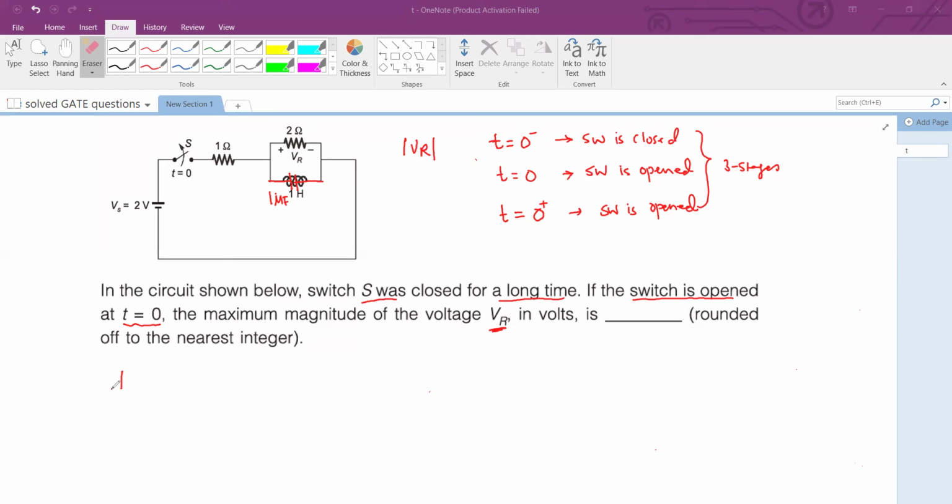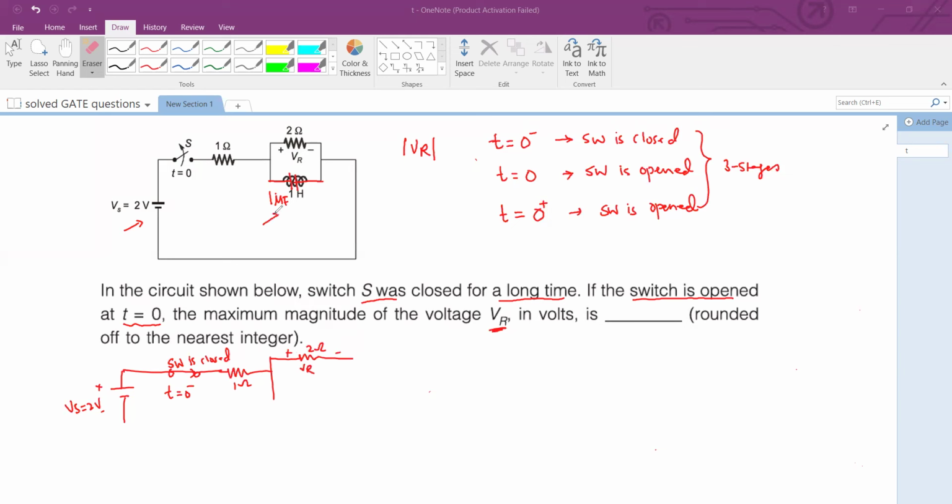I will have the same voltage source, Vs equal to 2 volts, and the switch is closed. This is the time t equal to 0 minus. Then you have this 1 ohm resistance, and this 2 ohm resistance across which you have the voltage VR.